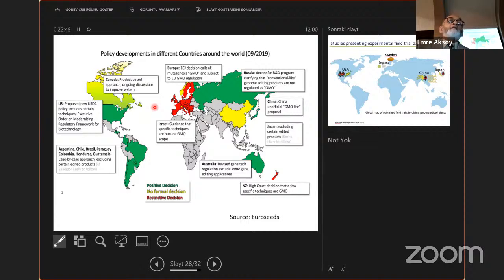In Argentina, Chile, and Brazil, they decide case by case.